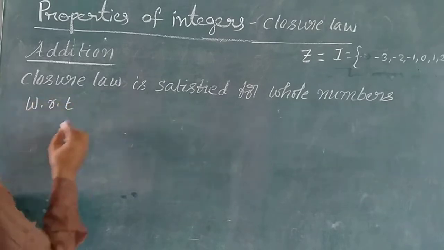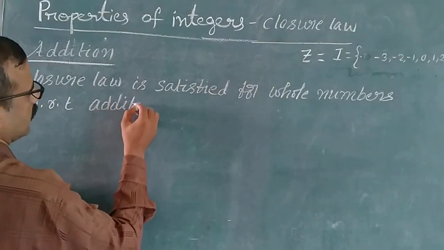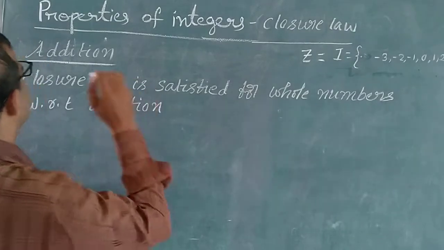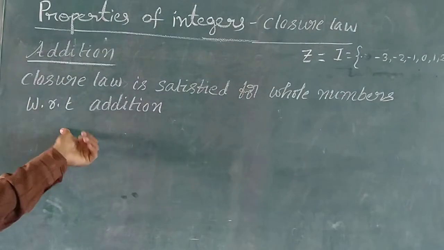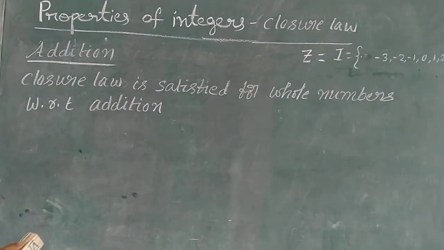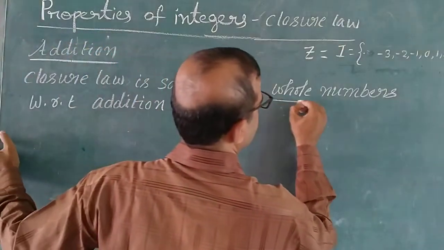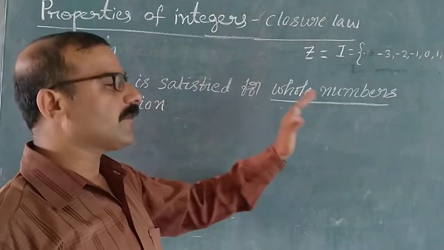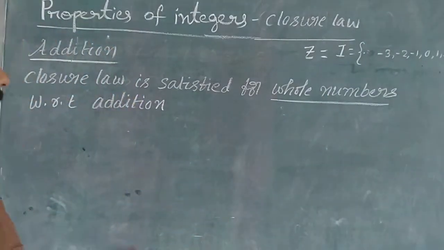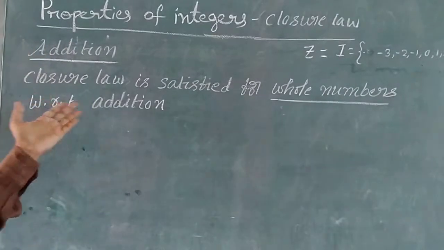WRT means with respect to. So closure law is satisfied for whole numbers with respect to addition. Okay, children? Here, whole numbers. In the same way, this is also applicable for integers, because in the earlier class we discussed whole numbers. So whole numbers also satisfy the closure property.